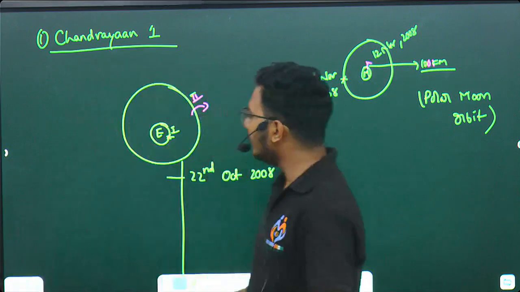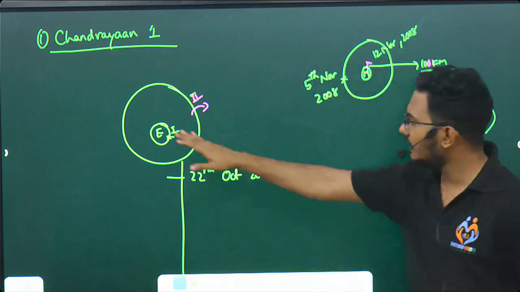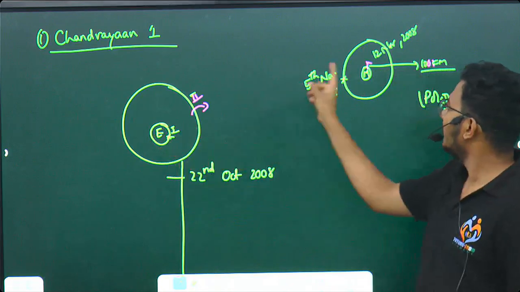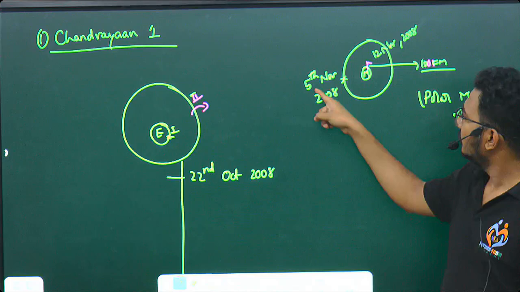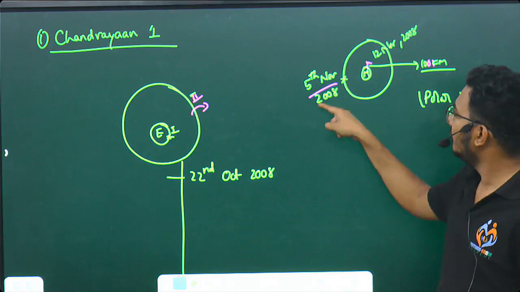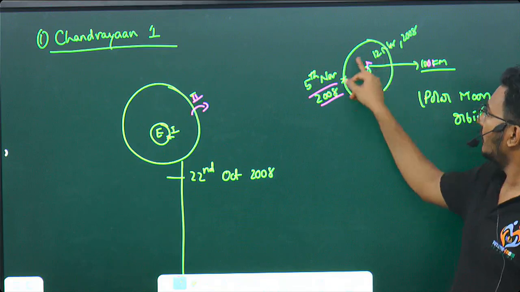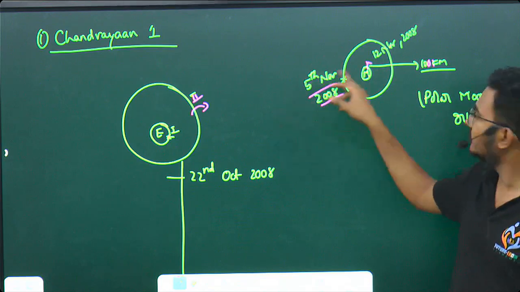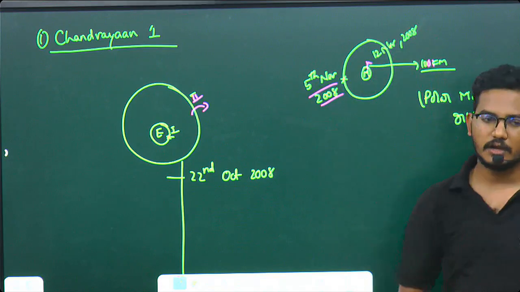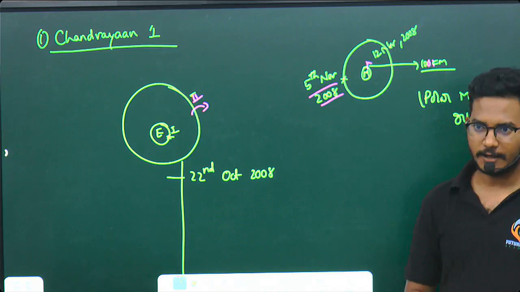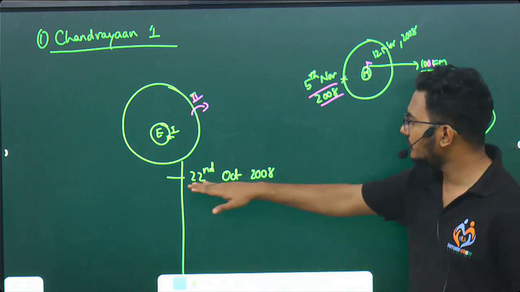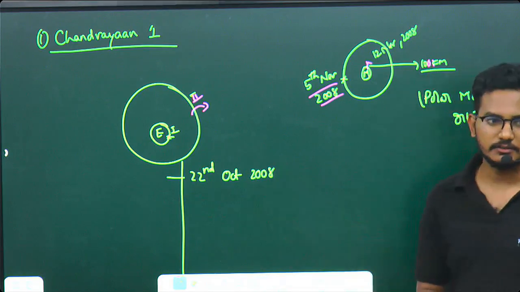So it started on 22nd October 2008 here. Okay, it has reached the Moon orbit on 5th November 2008, and from then it was injected into the 100 kilometers orbit from the Moon surface on 12th November 2008. Okay, so first thing you need to remember is 22nd October 2008.